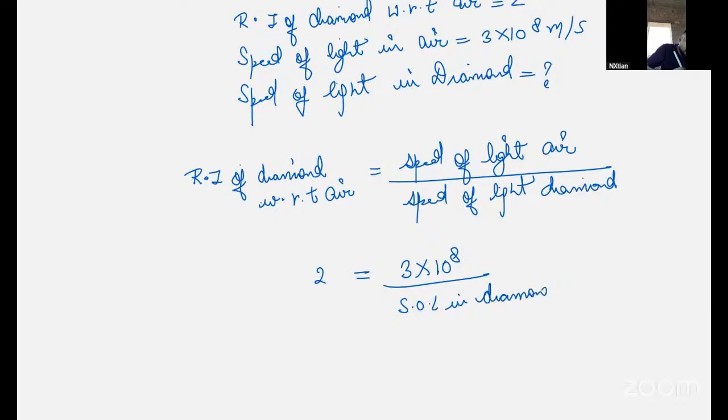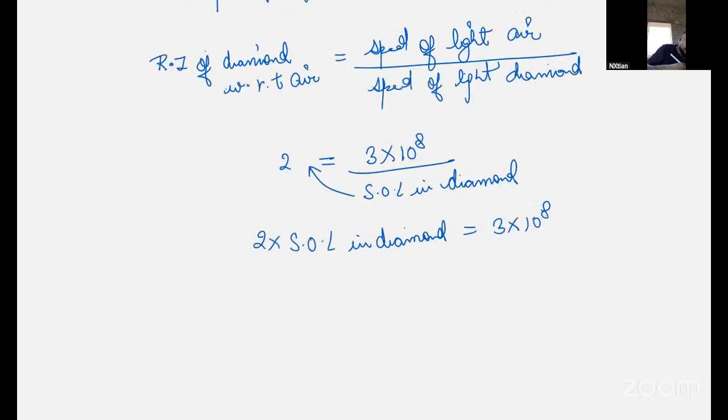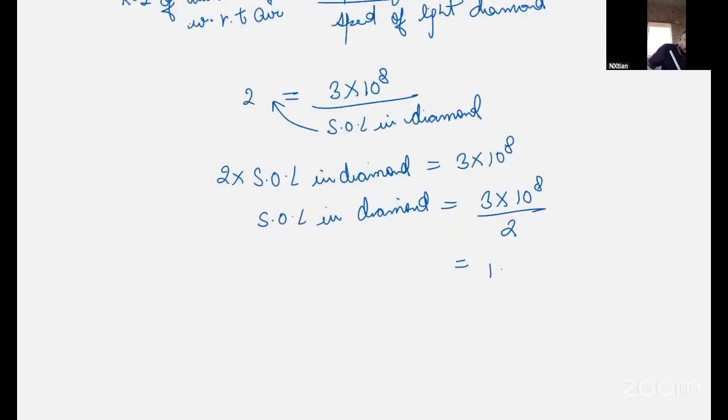Now this will go that side, so it will become 2 into speed of light in diamond is equal to 3 into 10 to the power 8, and this 2 will go to the denominator, so the speed of light in diamond is equal to 3 into 10 to the power 8 upon 2, and 3 upon 2 is 1.5, so 1.5 into 10 to the power 8 meter per second will be the speed of light in diamond.